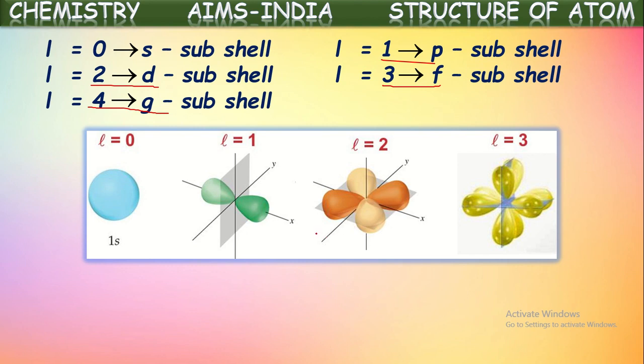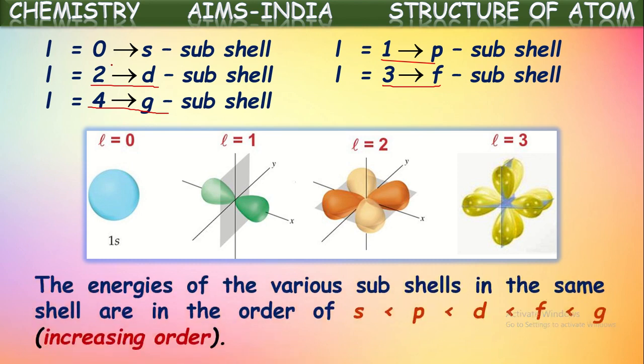This represents subshells or orbitals with a double dumbbell shape. If L is equal to 3, that represents F subshell. The shape of a subshell is a four-folded or complex shape. In this way, the shape of the subshell in which electron is located can be identified based upon the azimuthal quantum number value or L value.